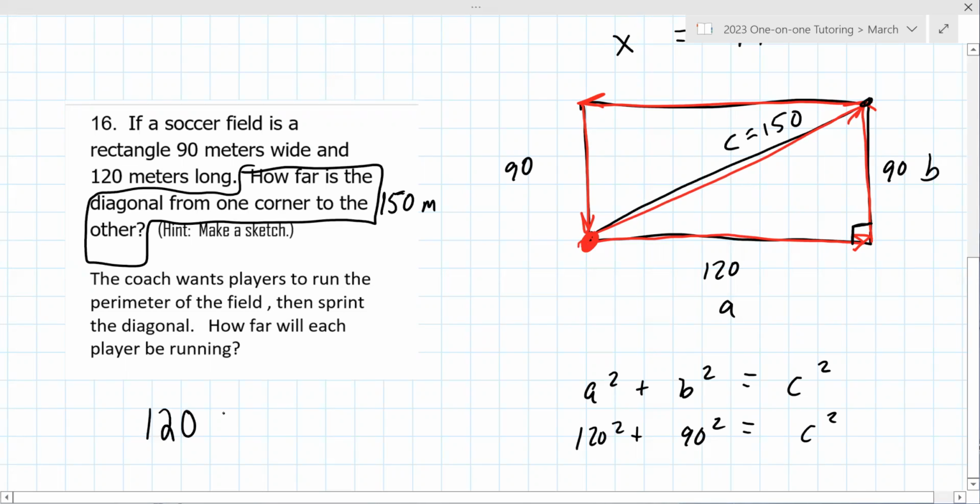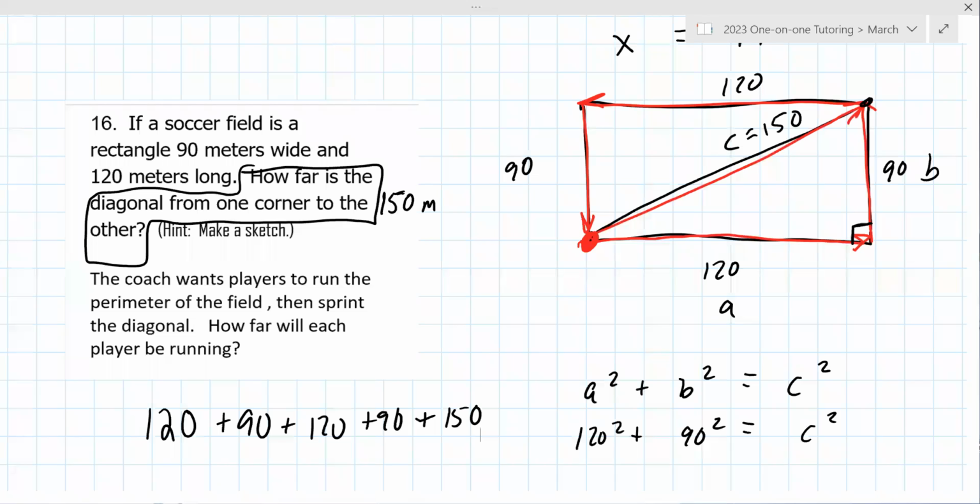That's 120 to the right, plus 90 up, plus 120 back, plus 90 back down, plus the diagonal 150. Go ahead and add those up and let me know what you come up with. Okay, I got 570. Good.